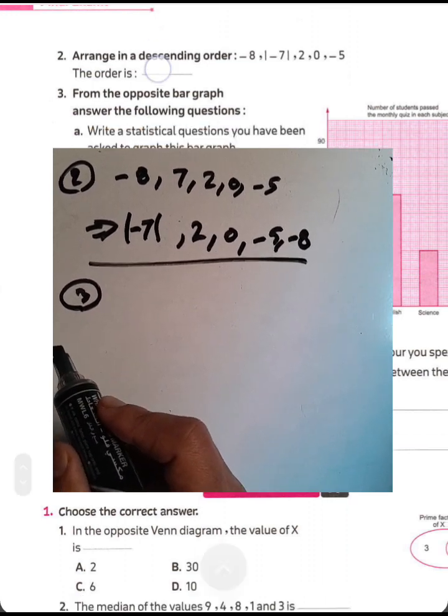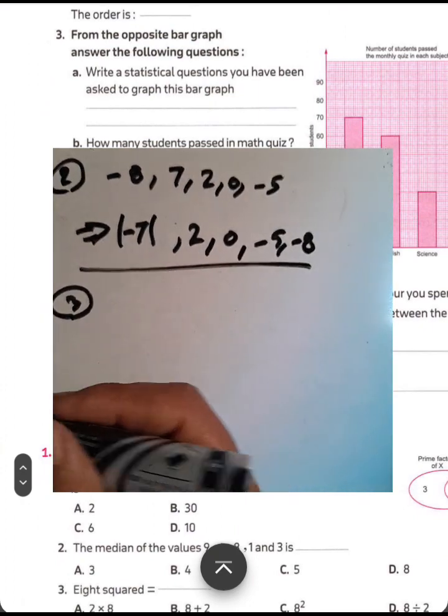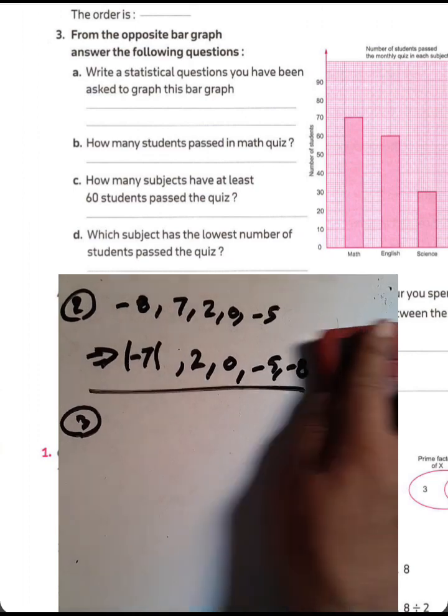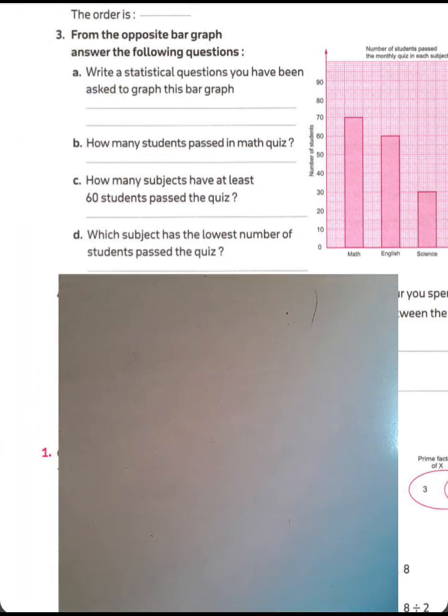Question number 3. From the opposite bar graph, look with me at the bar graph here. Write a statistical question. You have been asked about this graph.